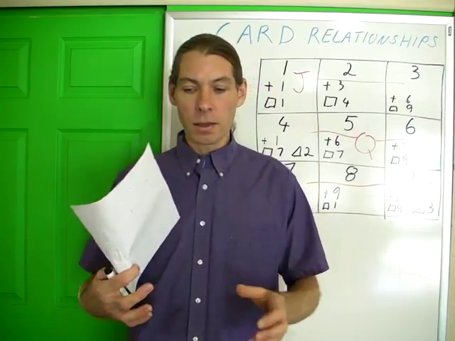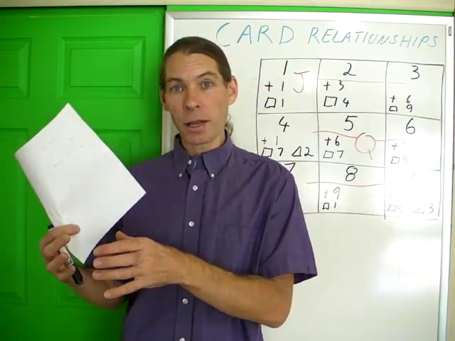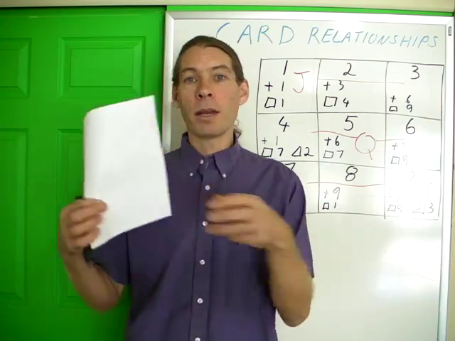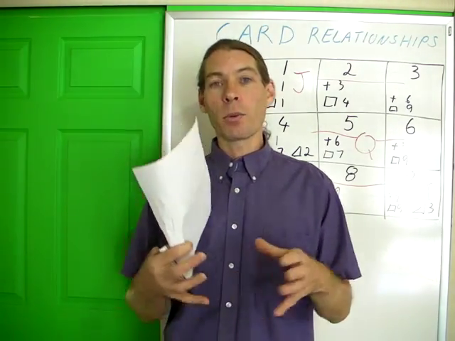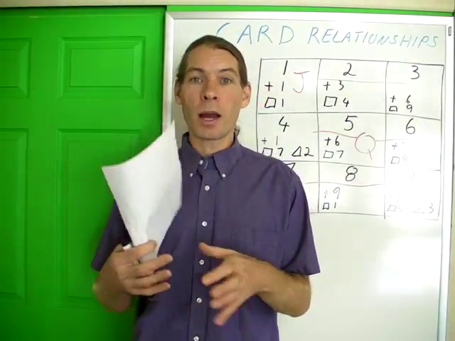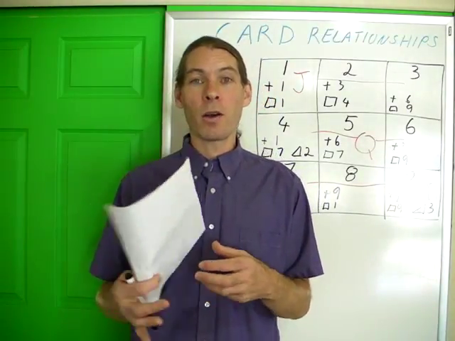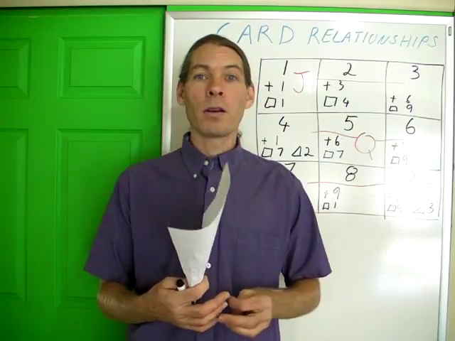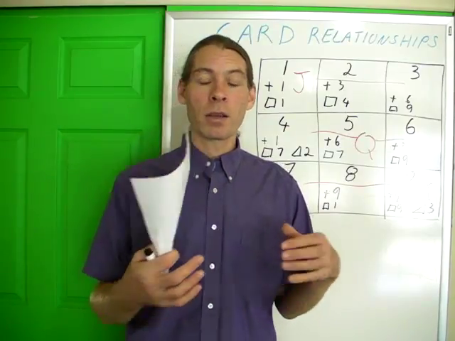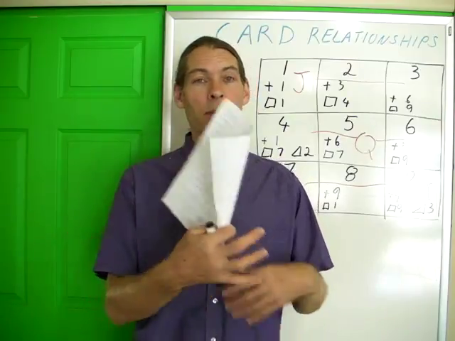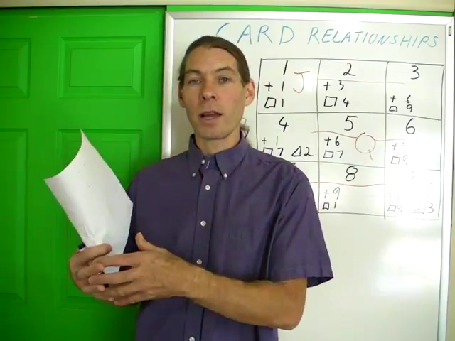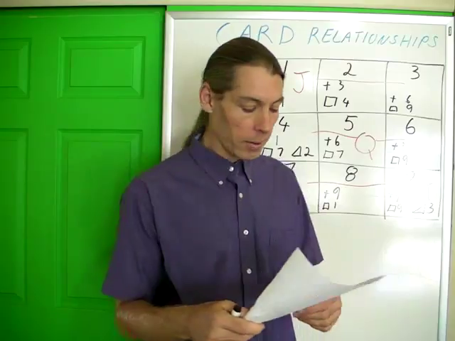The worst thing is having cards that can't relate, wanting to relate, and being unable to relate. That's when things get frustrating, and that's when we start thinking of reasons why the other person won't relate to us and saying, oh, they don't love me, they love someone else, they're this, they're that, or something's wrong with me. None of that's true. Cards either relate, in which case they feel happy with each other, or they can't relate, in which case they don't feel happy with each other.